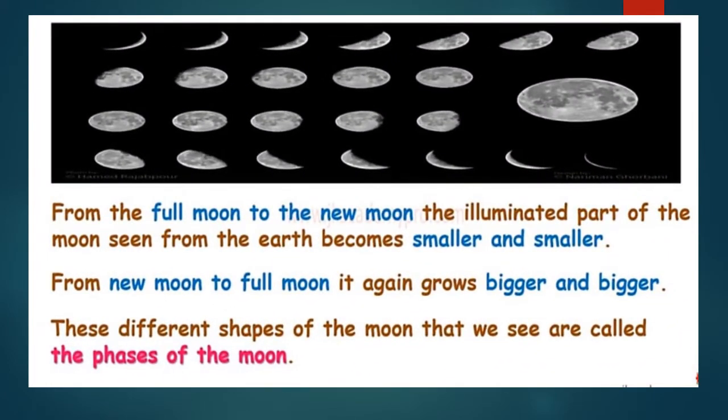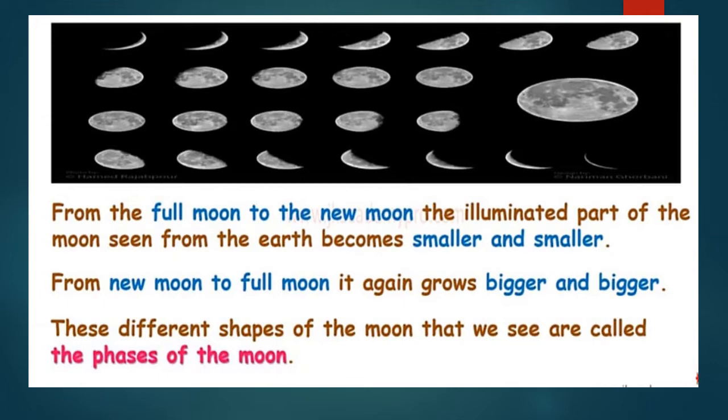Now see here, from the full moon to the new moon, the illuminated part of the moon. Now, what do you mean by illuminated? Illuminated means lighted part of the moon.